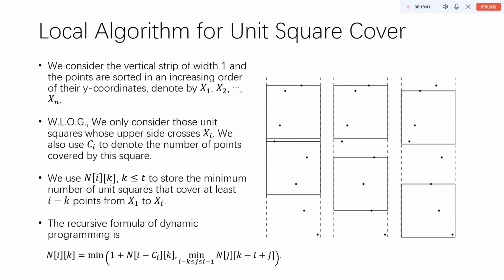Or, if we do not cover xi, we regard xi as an outlier, and NIK can be such a value. That means the unit square can be selected this way to exclude xi, or in such a position to exclude xi and xi minus 1.